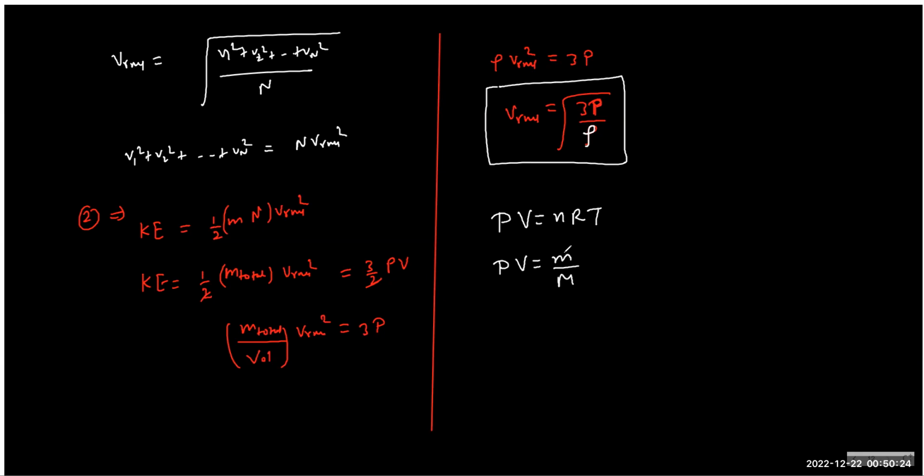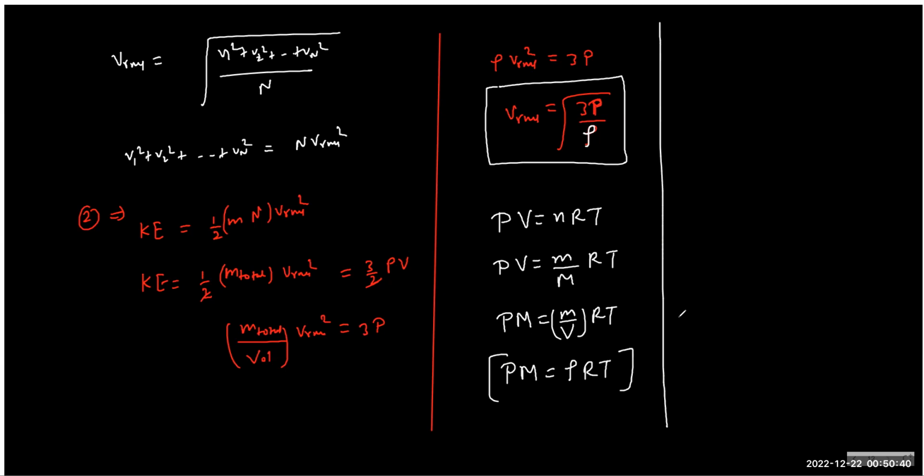M means total mass. So PM equals, we all know the formula PM equals rho RT, correct? Yes, sir. So P by rho is always RT by M. This is the conversion formula.